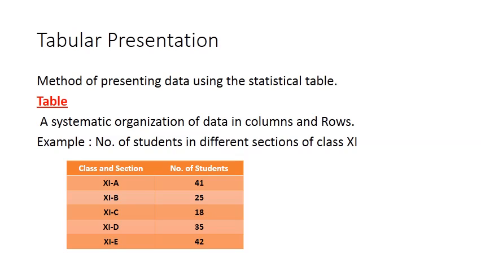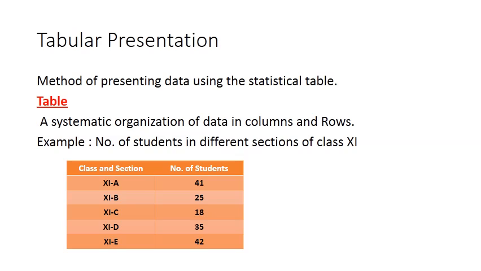And the title of columns, there is only one column for that, it is number of students. So 11th A, there are 41 students, 11B, there are 25, 11C, there are 18, 11D, there are 35, and 11E, there are 42. So this is how I can present this data in tabular form.